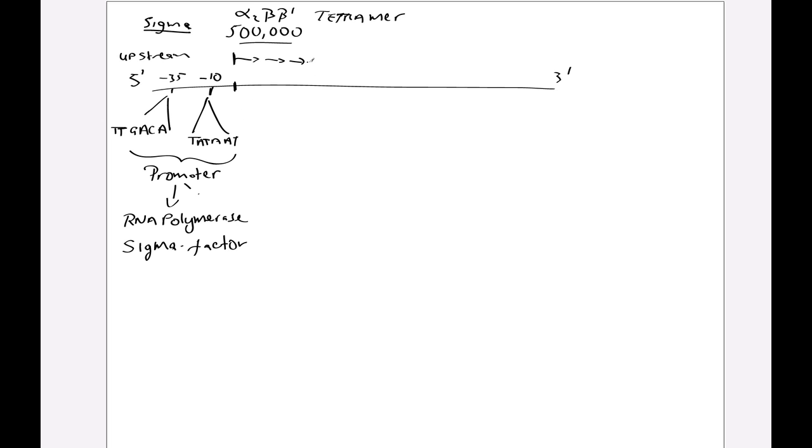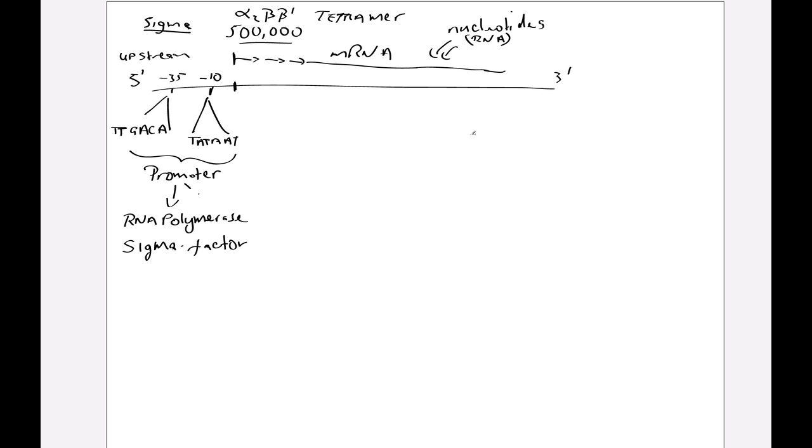Transcription then proceeds. The messenger RNA is being produced, and it continues to be produced with the successive addition of new nucleotides, and these are RNA nucleotides, until we get close to the end of the gene. Now, what we're going to see at the end of the gene is a particular sequence that's in the DNA.